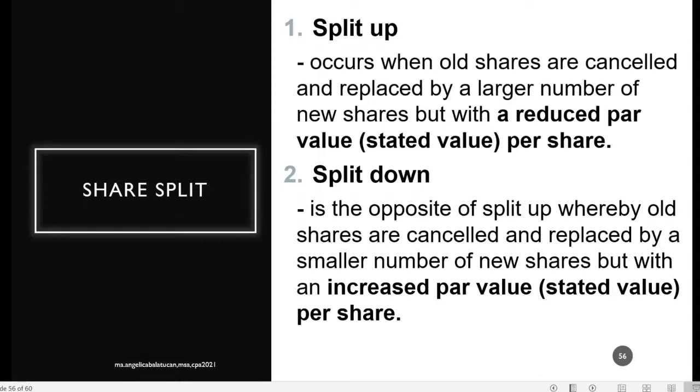As a result, the number of shares is larger, but the total value in peso amount is the same. The shares increased, so the per share value would be lesser.